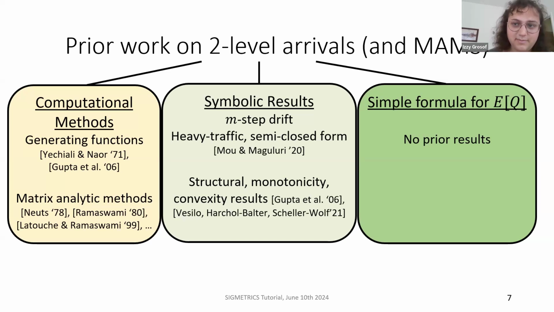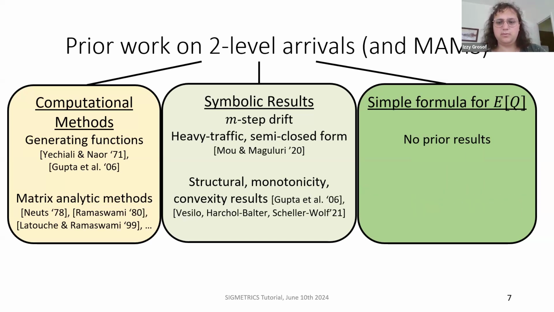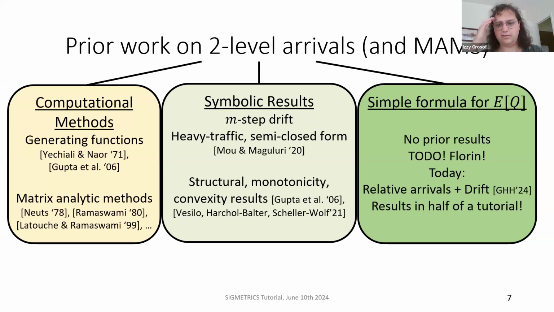But if you listen through this tutorial, and more specifically the first half of this tutorial, we will present relative arrivals and drift methods. The reason there's a to-do in here, I didn't get a chance to update that, is there are some results by a 2019 paper of Florin, I don't know how to pronounce his last name, one of the organizers of SIGMETRICS this year.